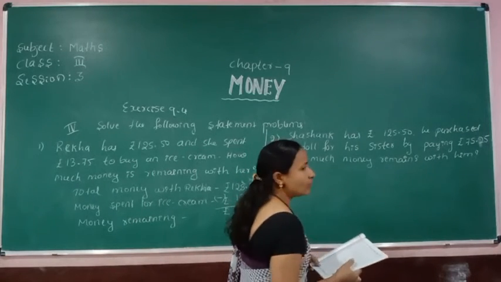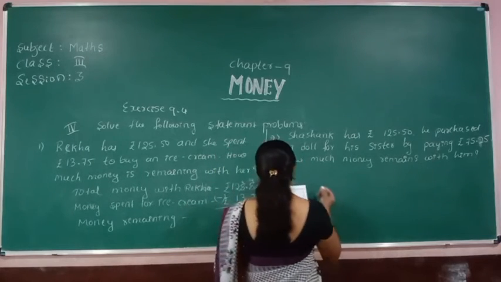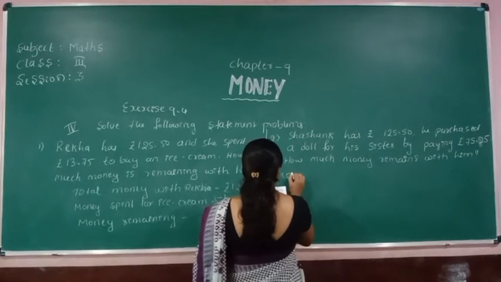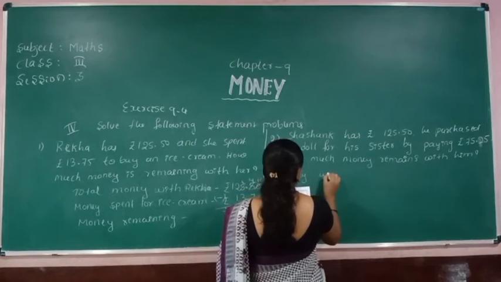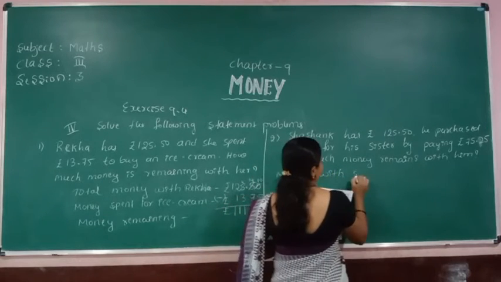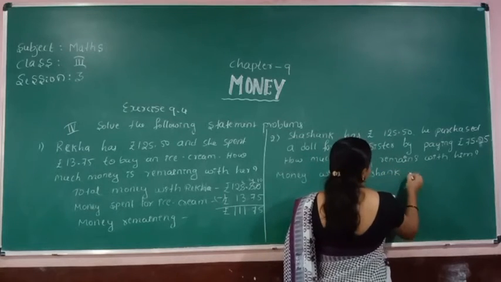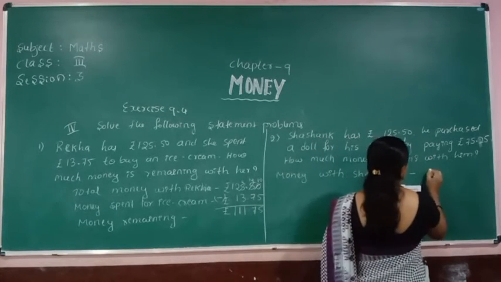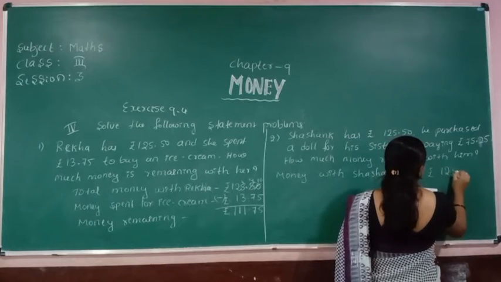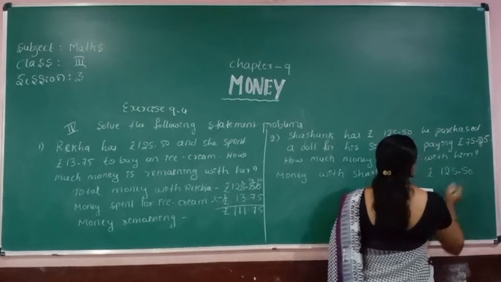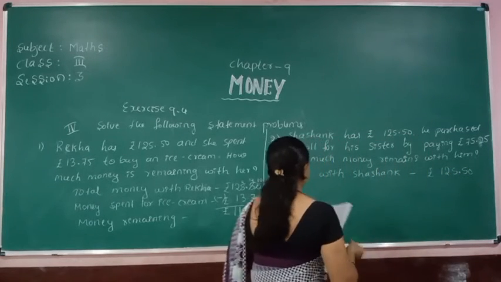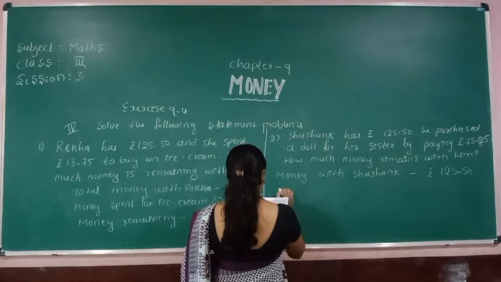Okay, so money remaining with Shashank. How much money does he have? He has rupees 125 rupees 50 paise. And how much money did he spend for the doll?